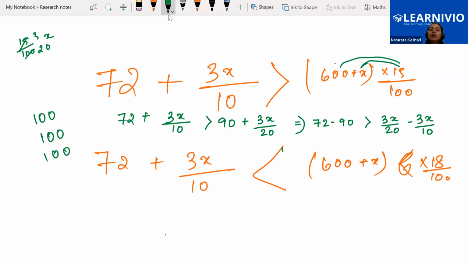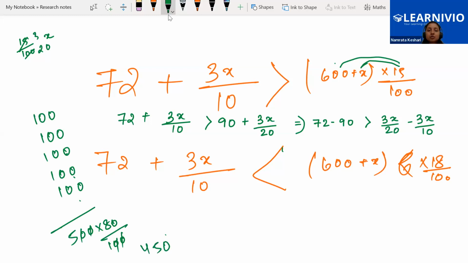If we keep adding other subjects, suppose 500, then 80% of 500 marks you have got. That means 8, 5 times 45, 450 marks out of 500. Yes or no? That's why here also, when 15%, when 18% is given without any proper explanation, you have to understand it is 15% of total, 18% of total. Okay.